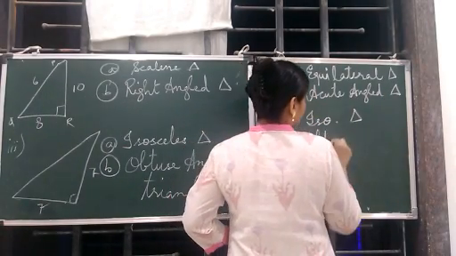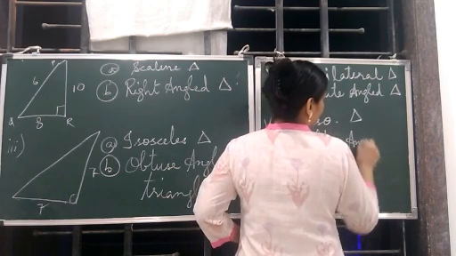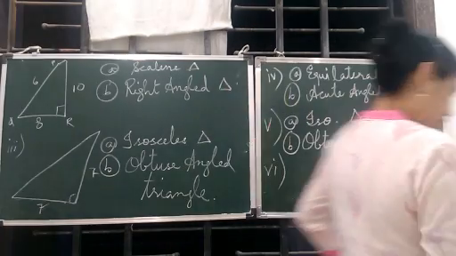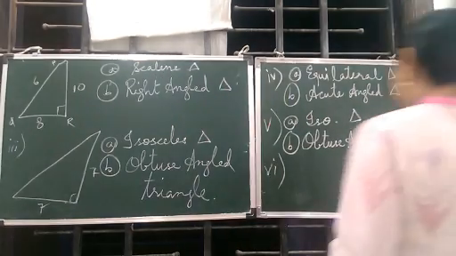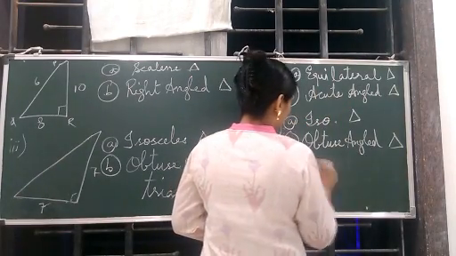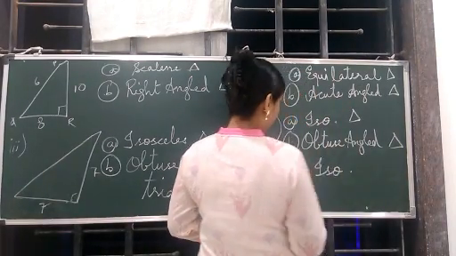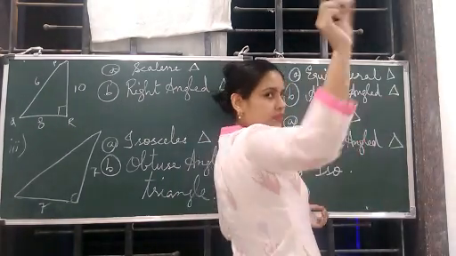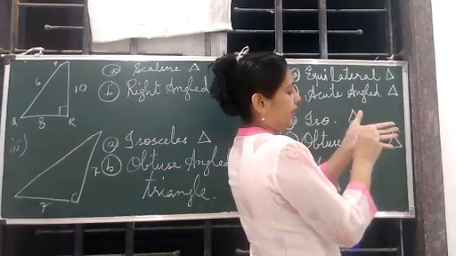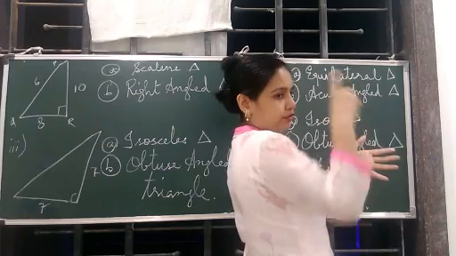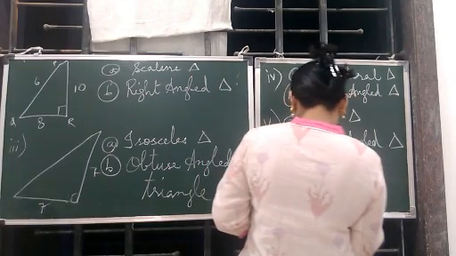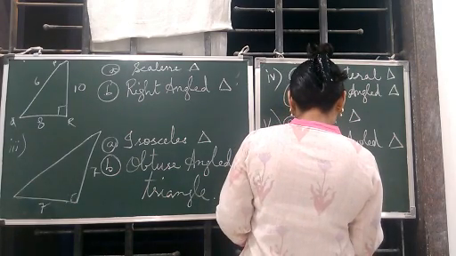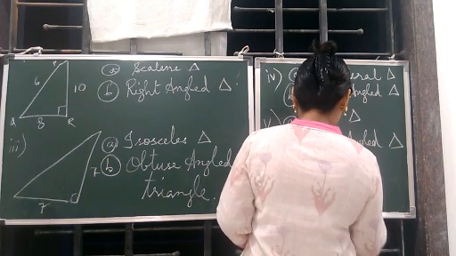So obtuse angled triangle. Then sixth. Again two sides are same. So isosceles triangle and one angle is 90 degrees because the angle is made in the form of perpendicular lines. So this is right angled triangle.